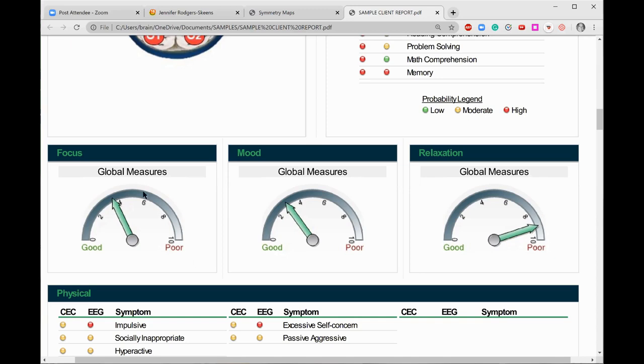And this goes from 0 to 10, which is 0 to 100% probability that they suffer from that type of dysregulation. So in this example, this person is just slightly less than a 40% probability that they may suffer from some of those related symptoms with regards to focus issues.